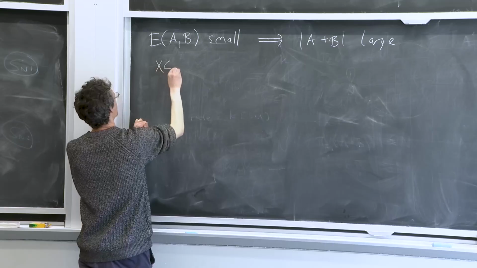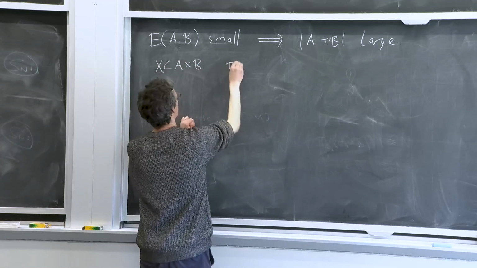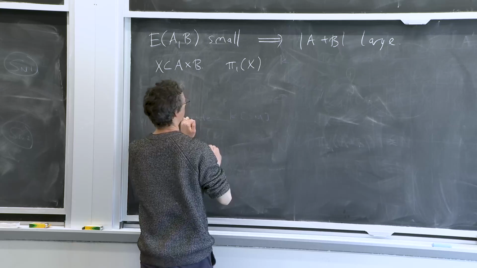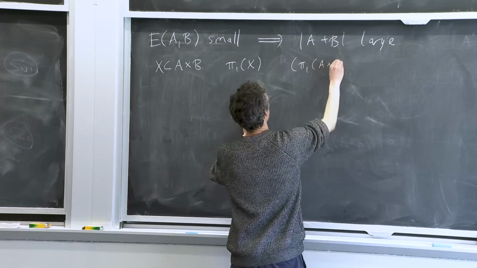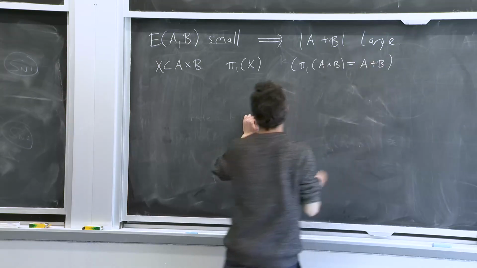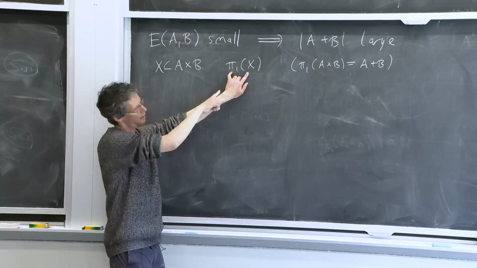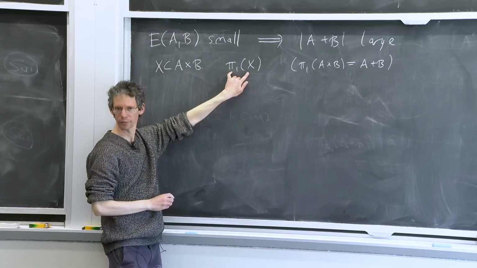Now suppose I have a set x in A cross B, and I look at pi1 of x. So remember that pi1 of A cross B is just A plus B. So when I take pi1 of x, it's sort of like A plus B, but I don't take all the pairs. I just take the pairs in x.